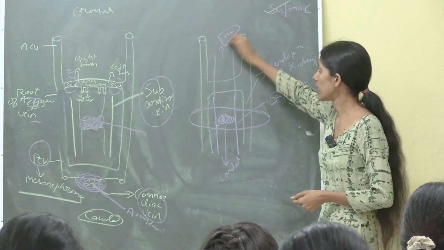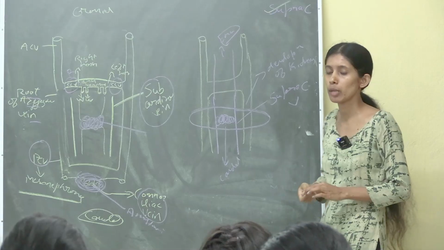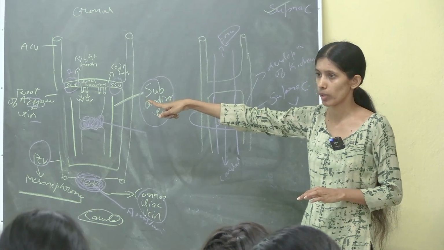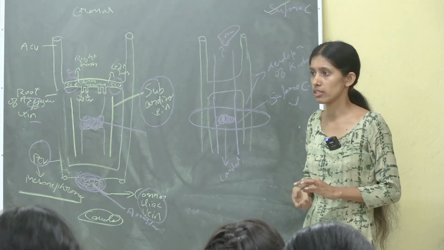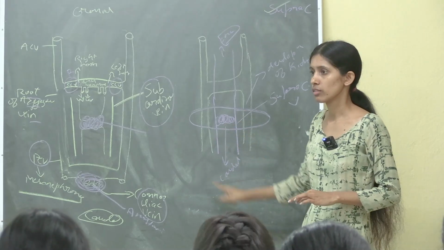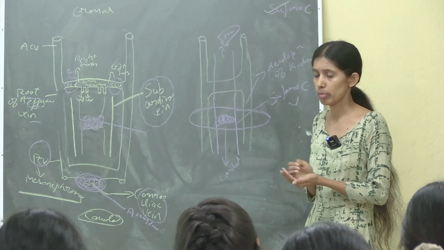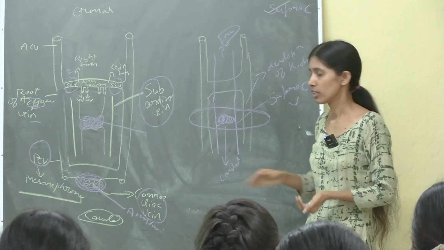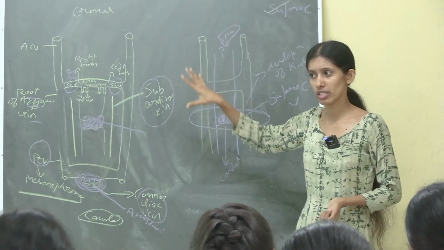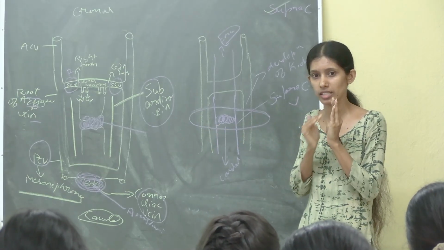So the remnants of this cranial part will give rise to two important structures. One I have already mentioned, that is azygous vein, and the other one is hemiazygous vein. Now the remaining part is the caudal part, or the part that is present beneath your kidney. There is a presence of kidney here, remember. When the venous system is developing, at the same time the development of kidney is also taking place inside your embryo.